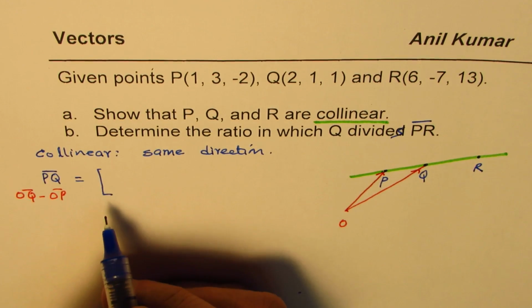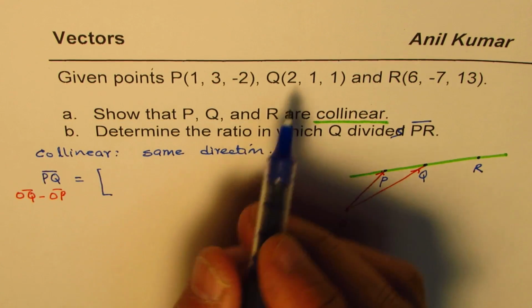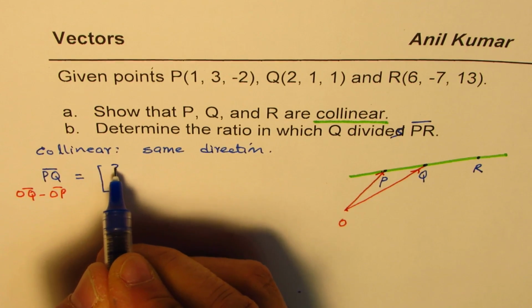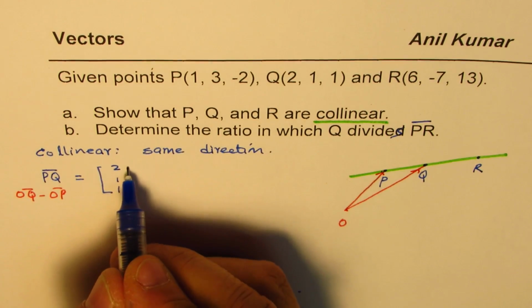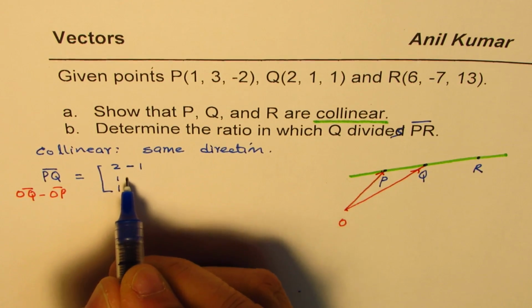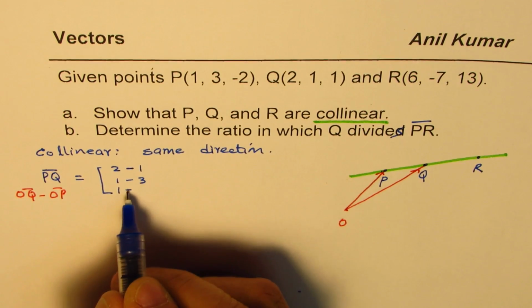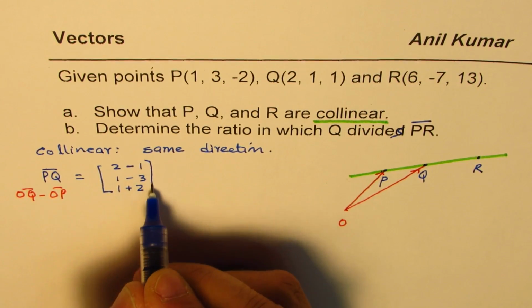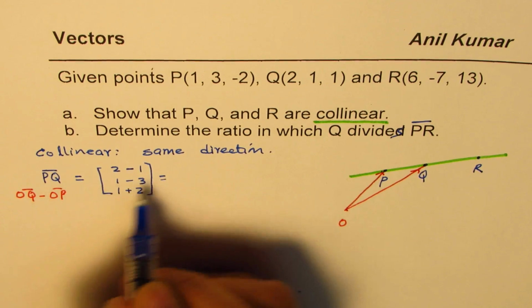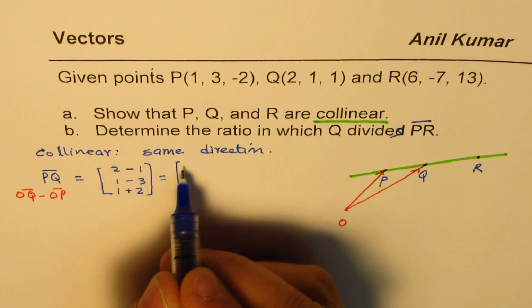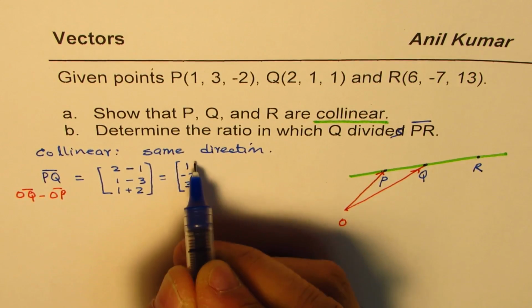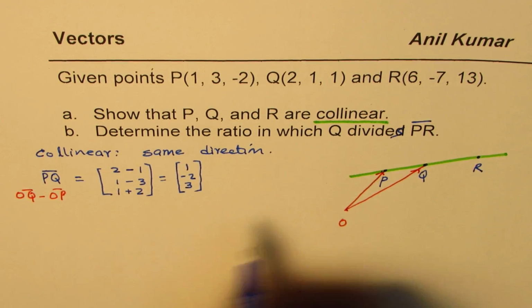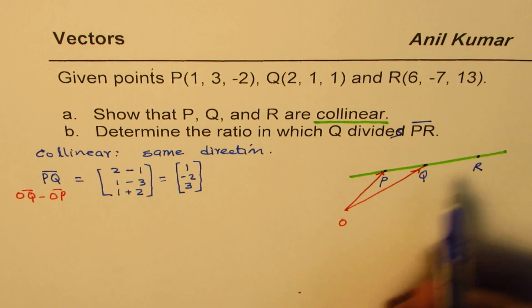We've been doing it for a long time. So Q is (2, 1, 1), and we take away the P coordinates, which is (1, 3, -2). So this is 2 minus 1 is 1, 1 minus 3 is -2, 1 plus 2 is 3. So PQ is (1, -2, 3). Correct.